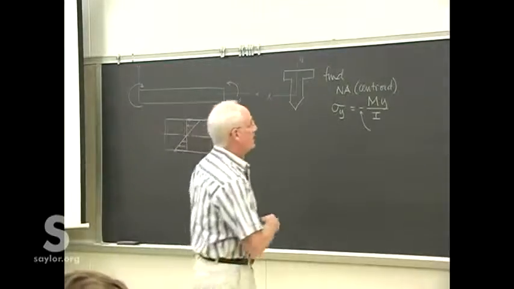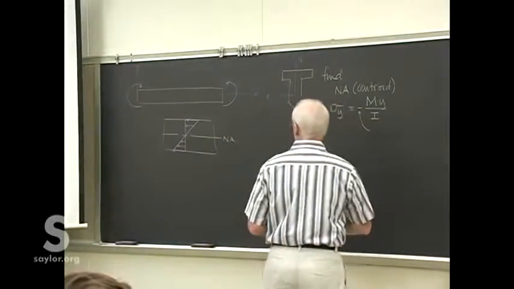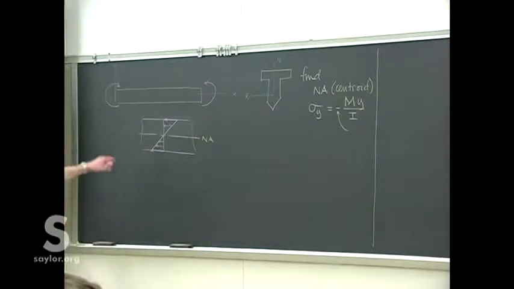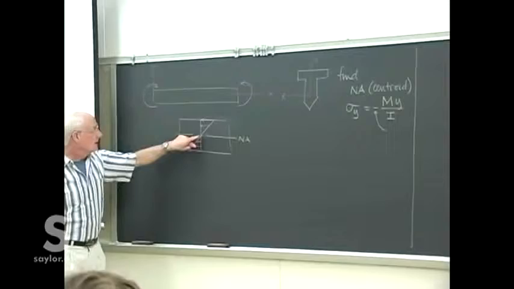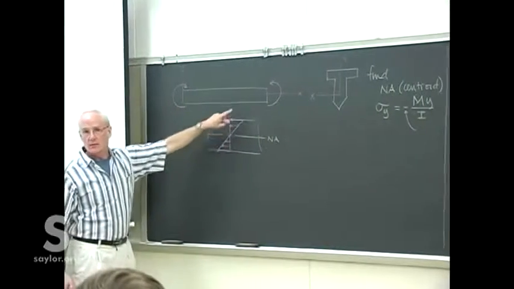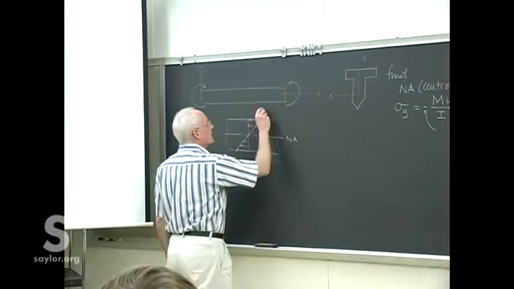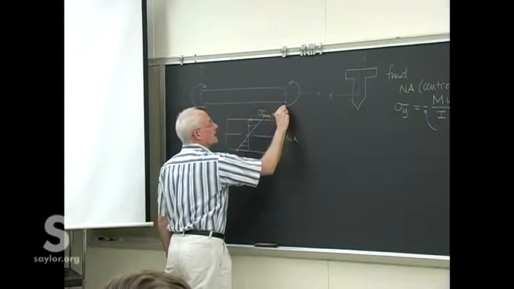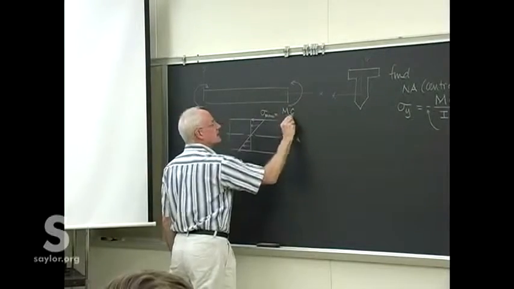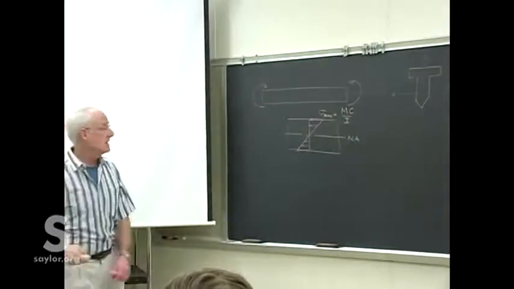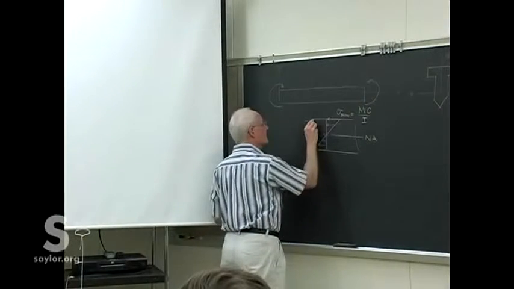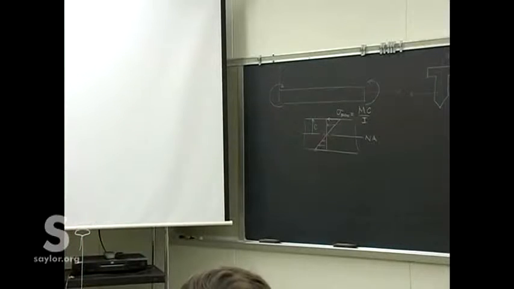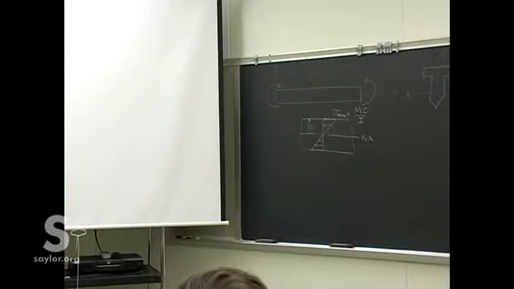So let's do a quick reminder of how we find this centroidal axis, because that's where our stresses are zero, and then we know they're linear in between, and that they're maximum where we're at the maximum distance from that neutral axis. And that was the symbol that we gave the letter C. For some reason they picked that to represent the maximum distance from the neutral axis.